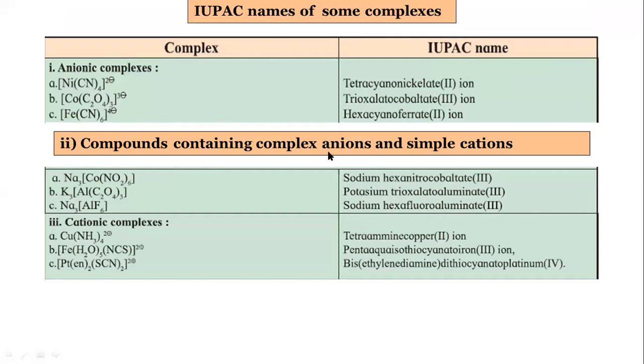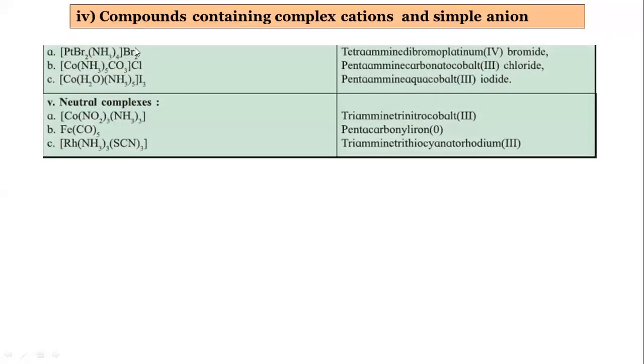So we write the name of the counter ions first because they are on the left-hand side of the complex. But in case of these complexes, don't start with bromine, chlorine or iodine. The rules are the same for these complexes. We have to start from the name of the ligand first.